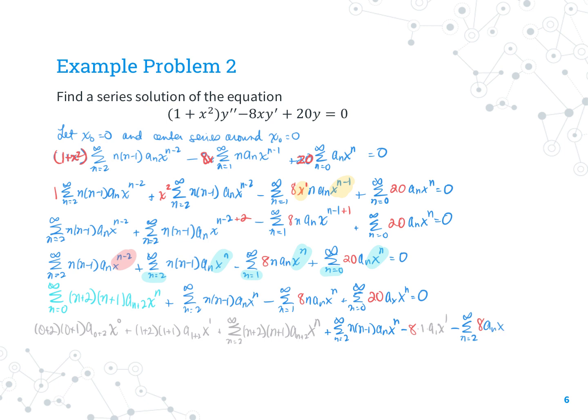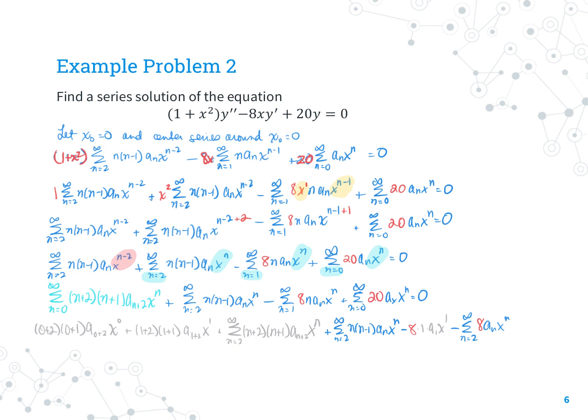And in the same fashion now, we're going to need to pull out the first two terms of the last sum because it starts at n equals 0. So we have to pull out the 0 term and the 1 term.